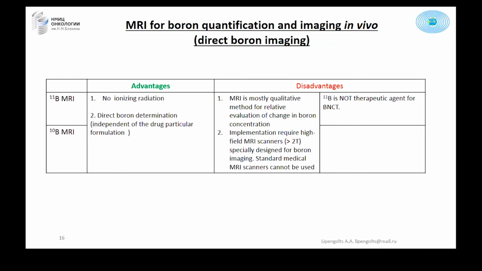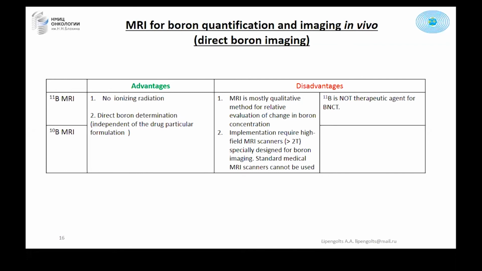The disadvantage of MRI application for boron quantification in BNCT is that MRI is mostly a qualitative method. Every time we place an object into the scanner, the signal is normalized, it recalibrates itself, and we can compare signal intensity only within a single set of scans.